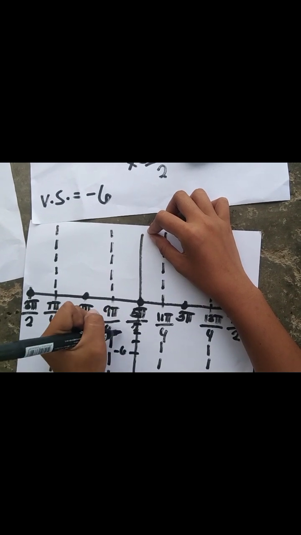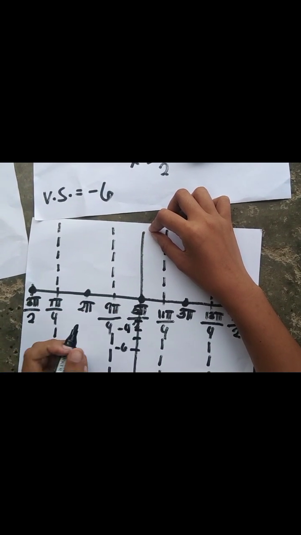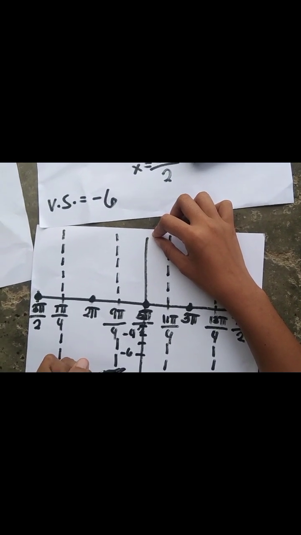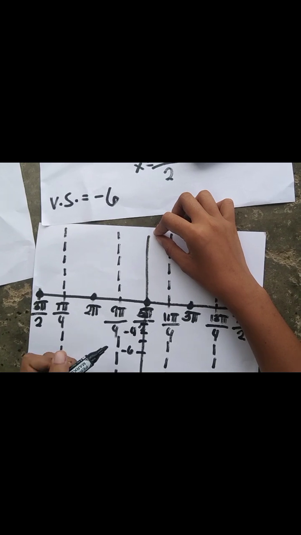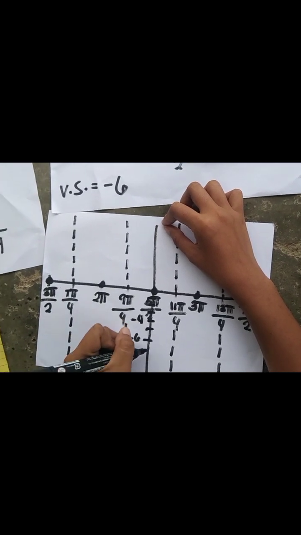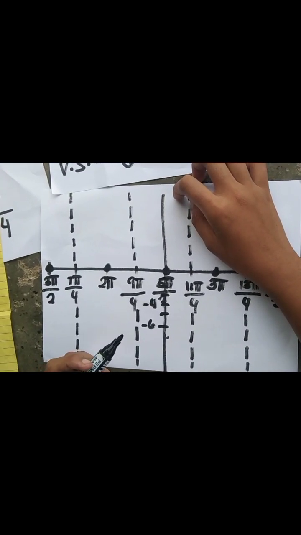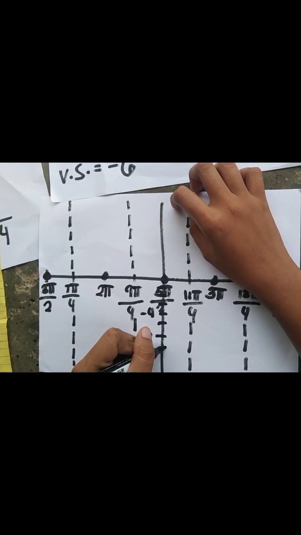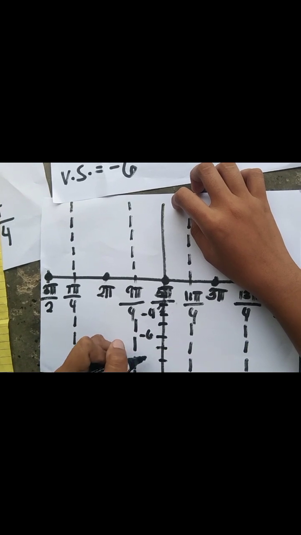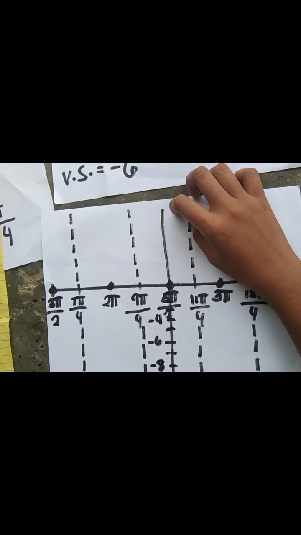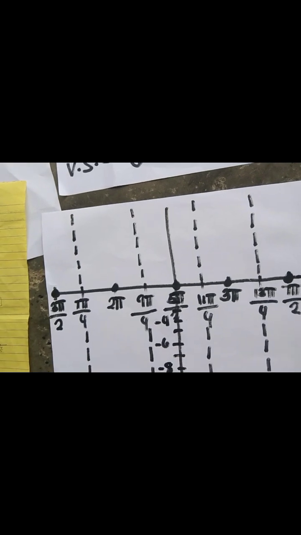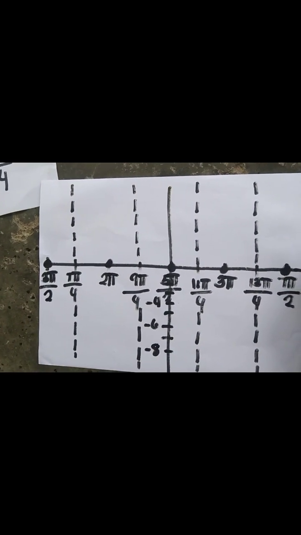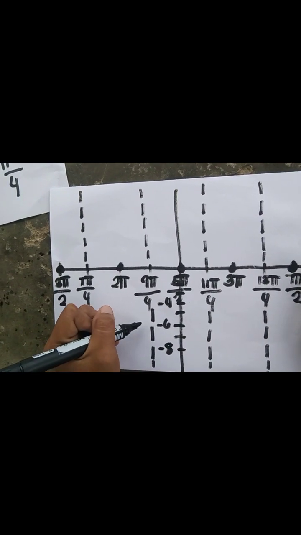Then negative 6 plus positive 2 equals negative 8. So negative 6 minus 2 equals negative 8. So let's put a broken line in the vertical shift.